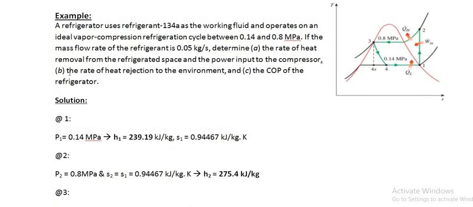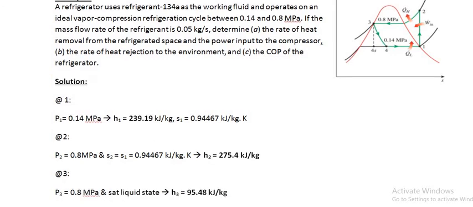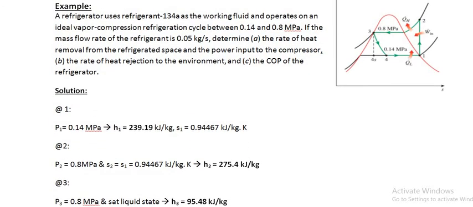Okay, so now we've got these two values. In the second part we have to find the rate of heat rejection to the environment, which is, oh, beg your pardon, I guess we made a slight mistake here. In part A we were required to find the rate of heat removal from the refrigerated space, and that is QL. Keep in mind that the rate of heat removal from the refrigerated space is actually QL, and the heat rejection to the environment is QH.